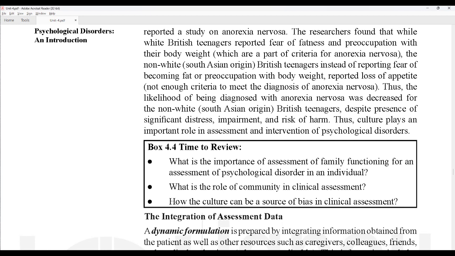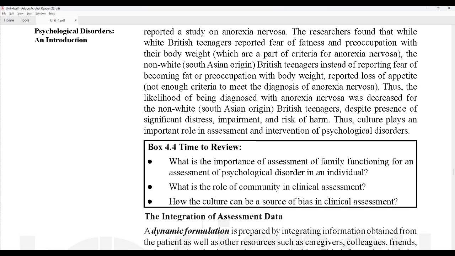Thus, the likelihood of being diagnosed with anorexia nervosa was decreased for the non-white, South Asian origin, British teenagers, despite presence of significant distress, impairment, and risk of harm. Thus, culture plays an important role in assessment and intervention of psychological disorders.